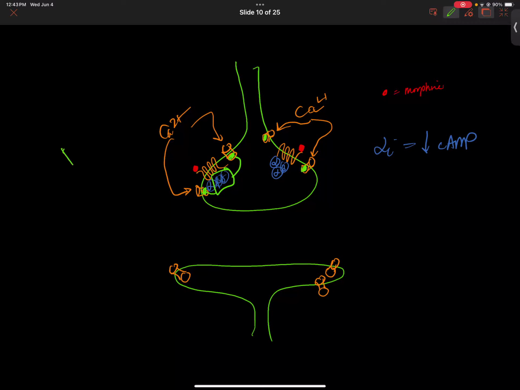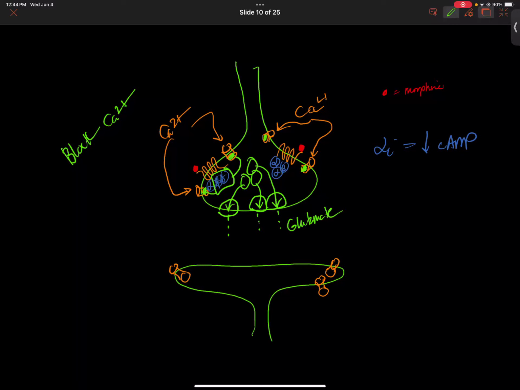And if you block calcium channels, you are not achieving the adequate calcium concentration presynaptically that's going to allow these vesicles to be transported to the presynaptic terminal, merge with the terminal, and then release, say, glutamate.